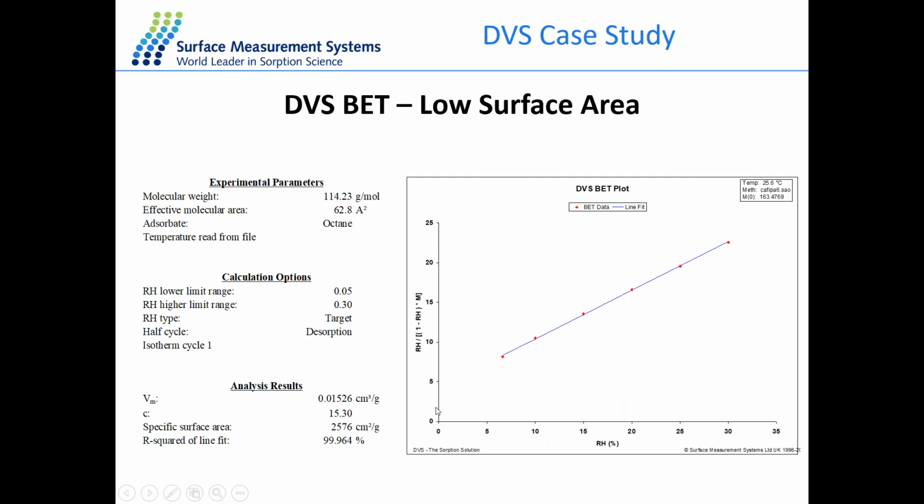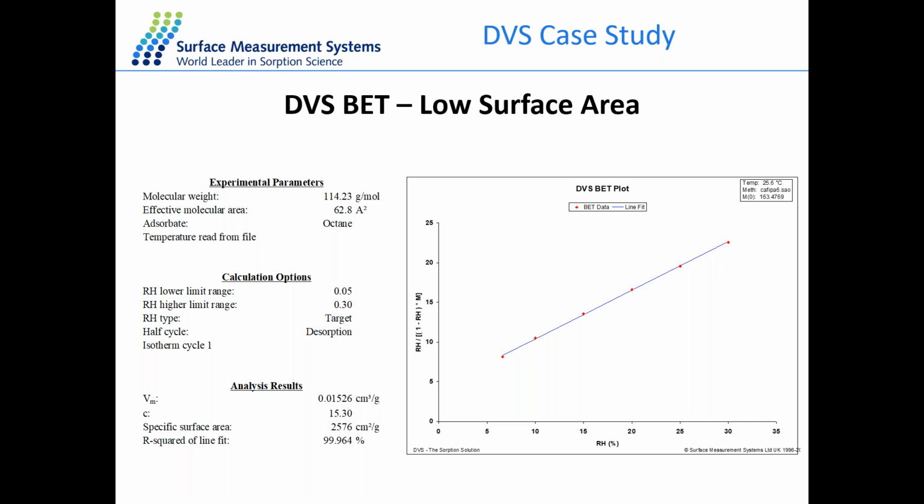From the slope and the intercept of this line, we calculate the BET surface area for this lactose sample to be around 0.26 square meter per gram, with a very good linear regression of 0.999. This value is quite consistent with the reported value in the literature for pharmaceutical grade lactose. So this demonstrates the potential of DVS to measure the surface area of low surface area materials.